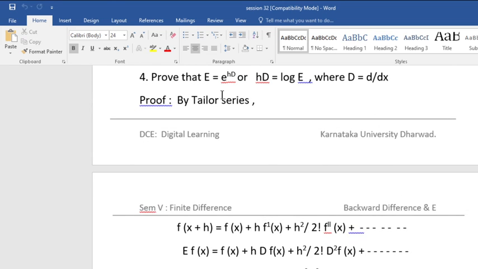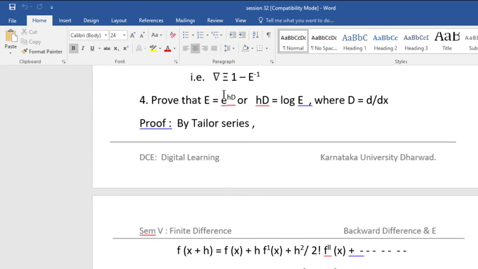So next property, prove that E, the forward shifting operator, is equal to e raised to hD, or hD is equal to log of E, where capital D denotes d by dx.